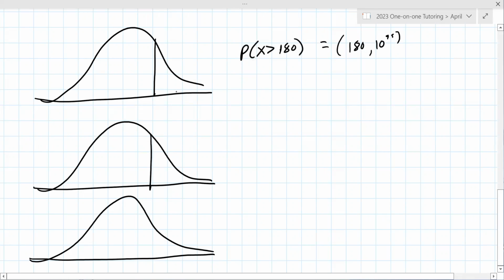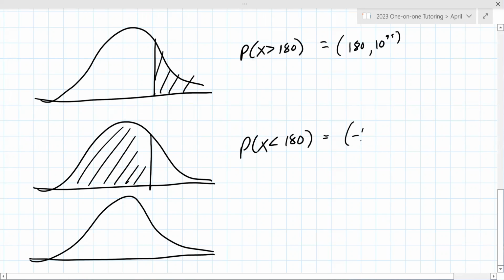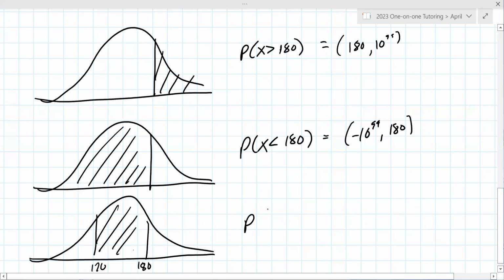If you wanted to go the other direction, less than, so the probability that x is less than 180, it's negative 10 to the 99 to 180. Notice the two just switch positions. I see. And if it's a between situation, like 120 to 180, then you have the numbers for the upper and the lower: 120 to 180. You still need your mu and your standard deviation, but these are the only three scenarios you'll see. Gotcha. Okay.